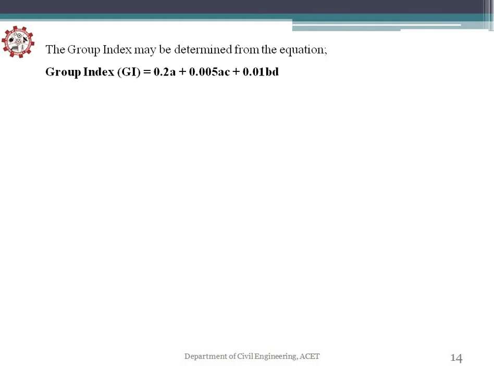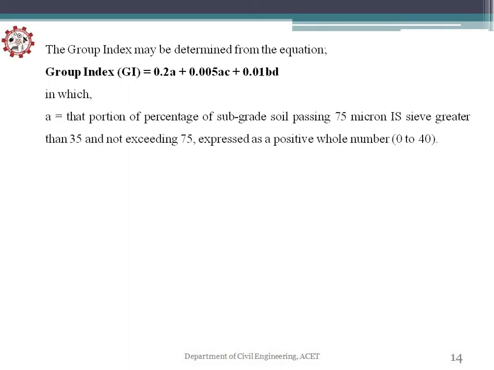Now you can see that this can be determined. So what is A, what is B, what is C, what is D? That should be known to us. So let us see what is the value of A. A is nothing but that portion of subgrade soil passing 75 micron IS sieve greater than 35 and not exceeding 75, expressed as a positive whole number 0 to 40.